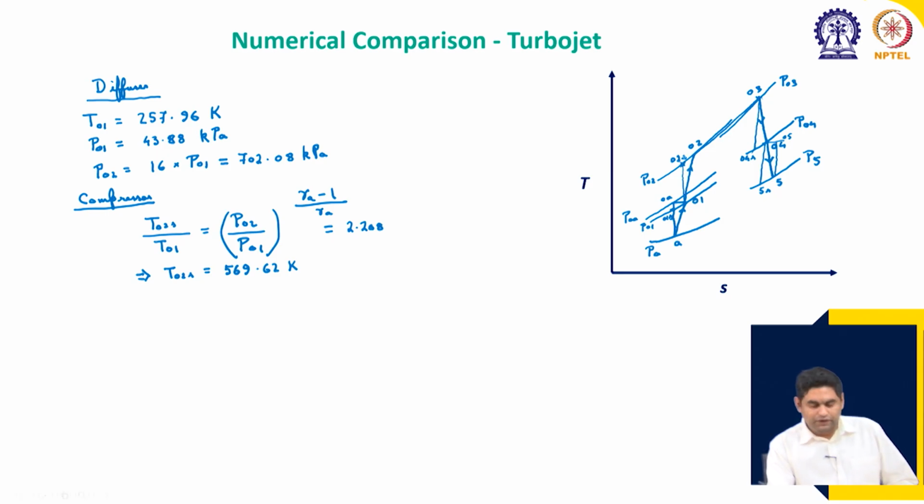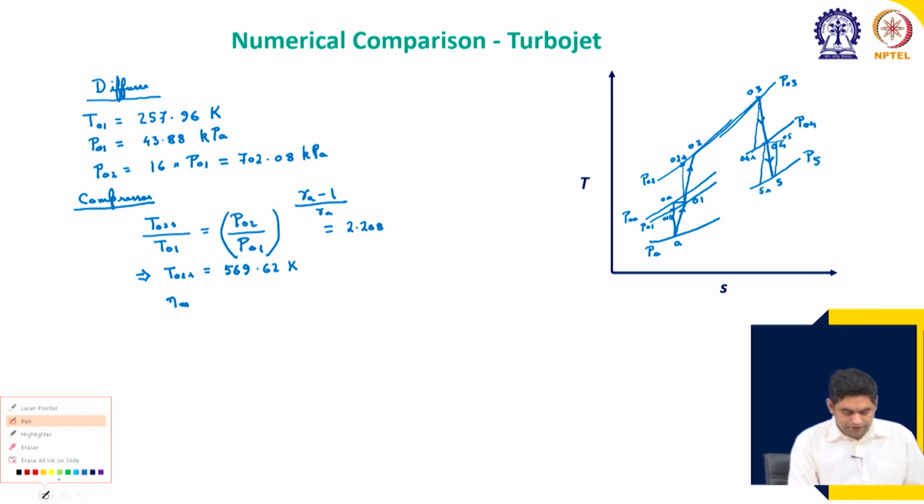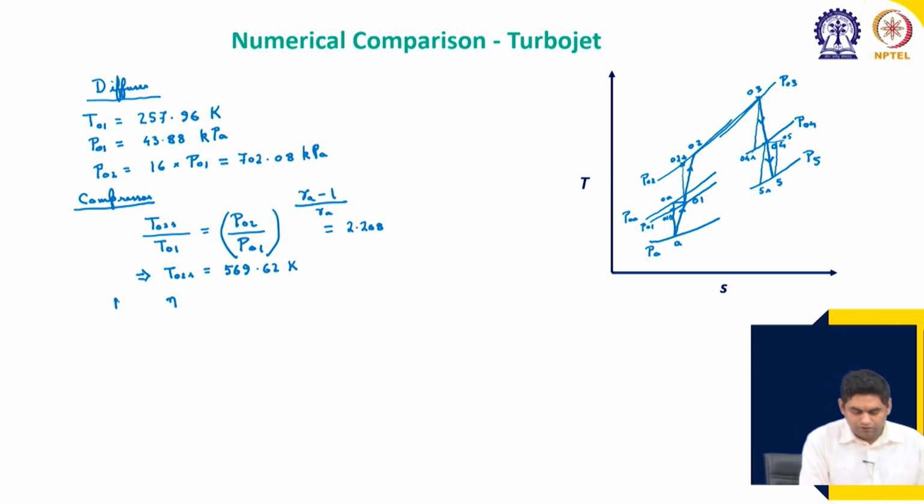Next we have to find T02. So, for that we will use the compressor isentropic efficiency. So, now we know that eta C is equal to 0.88, okay, same value as we had taken previously for all cases.